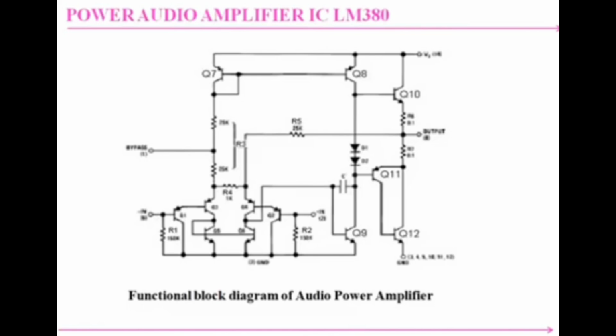Here it is a differential pair, and here a capacitor is connected between the base and the collector of the common emitter transistor Q9. So here you have taken output, and this is the ground pin, which is generally connected to heat sink pins, and here you have a bypass.